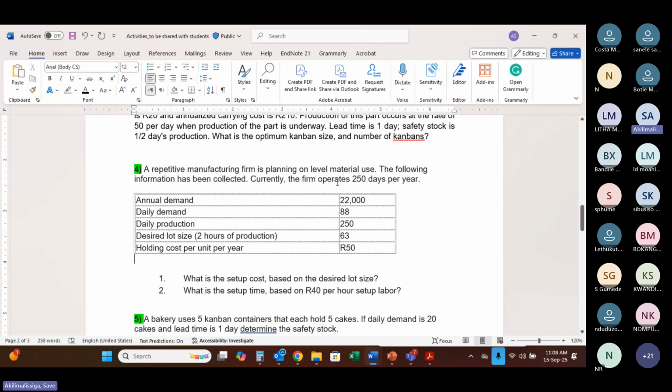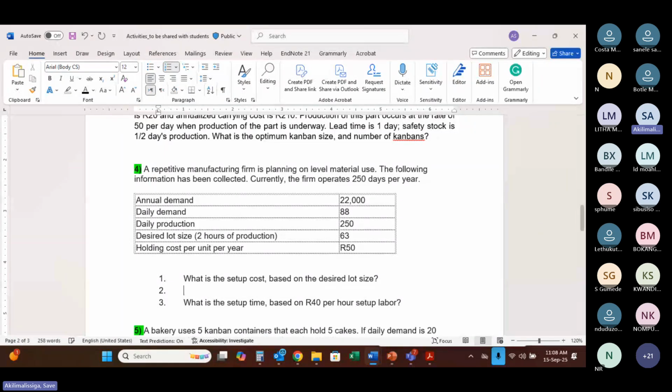Currently, the firm operates 250 days per year. Question 1 says, what is the setup cost based on the desired lot size? These kinds of questions we have already performed, so I'll just go straight forward with that one. And then the last question, question 4, says, what is the setup time based on the 40 Rand per hour setup labor? All right.